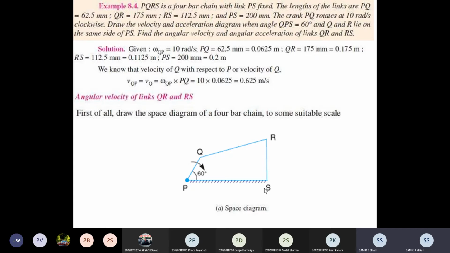Okay, and we start to calculate the velocities of the remaining links. But before that, first of all, draw the space diagram as per the given dimensions. Please complete the four-bar chain mechanism as per the given dimensions.